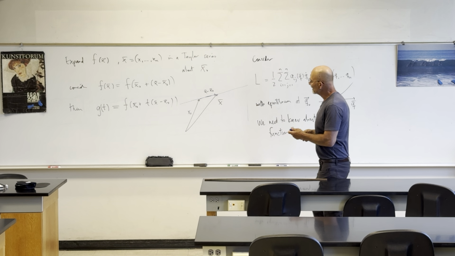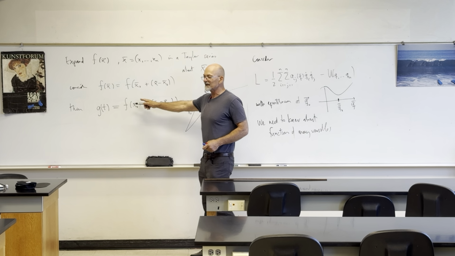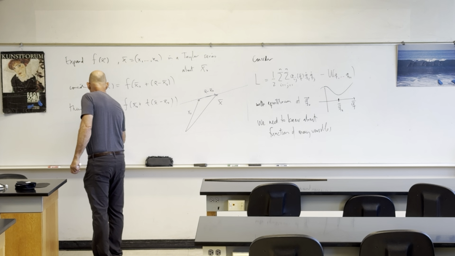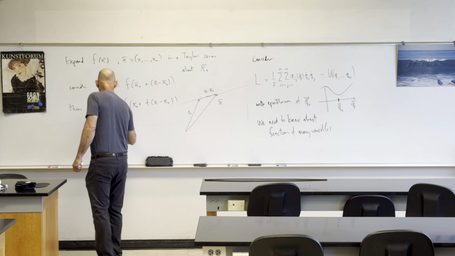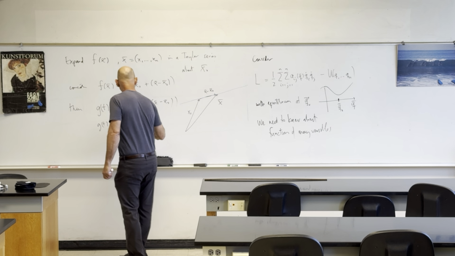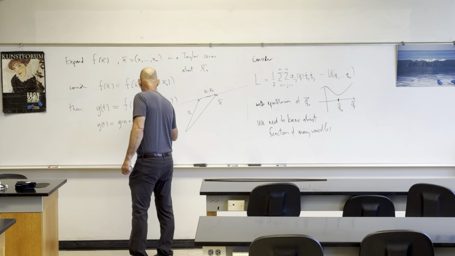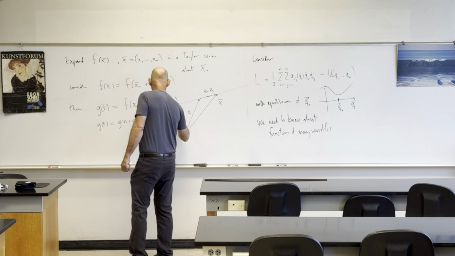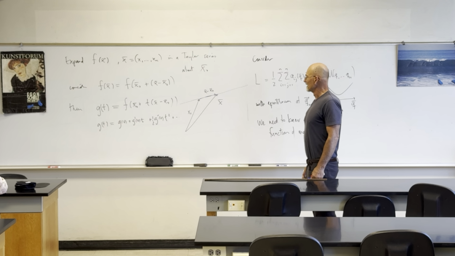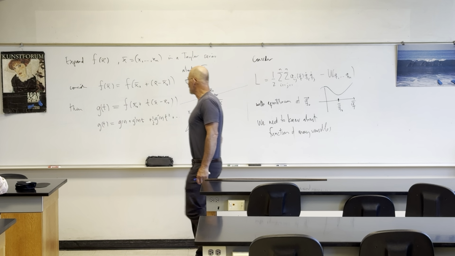So the strategy here is to expand g in a Taylor series. We'll have g of t equals g of 0 plus g prime of 0 times t plus g double prime of 0 times one half t squared. And then g of t equals 1.